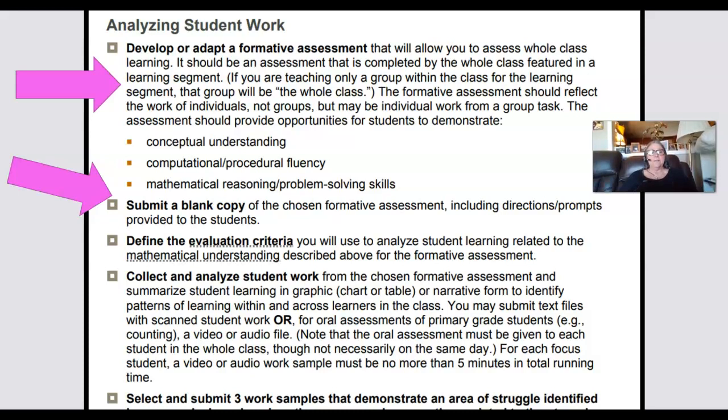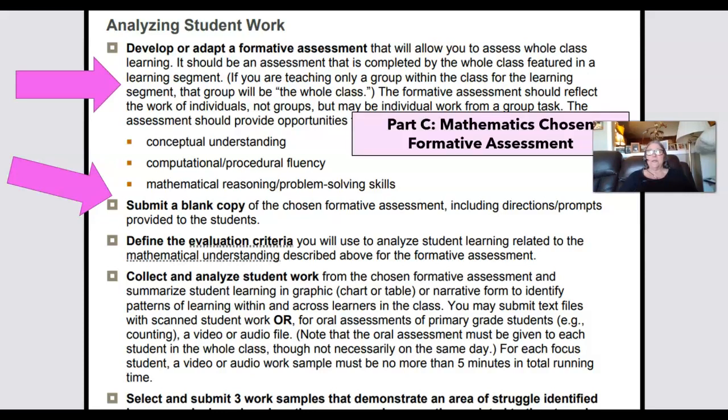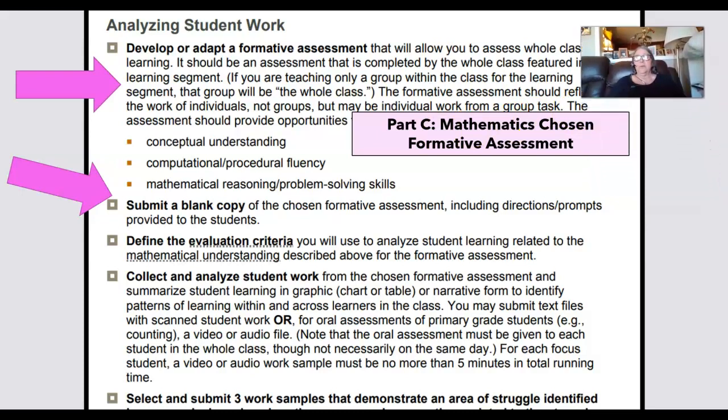And so you're going to submit a blank copy of that formative assessment, and that's going to be your artifact, Part C, and it's labeled Part C, Mathematics Chosen Formative Assessment.